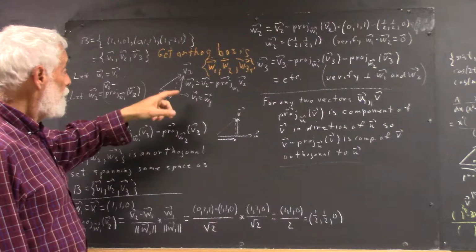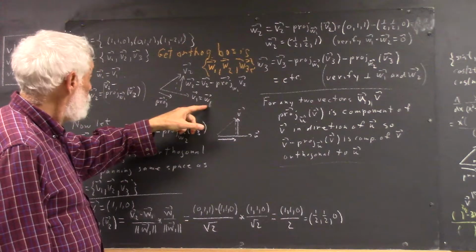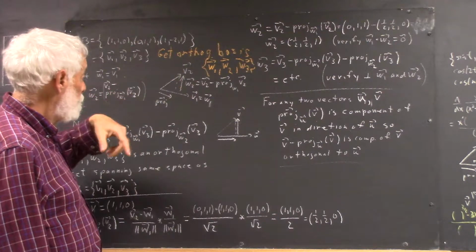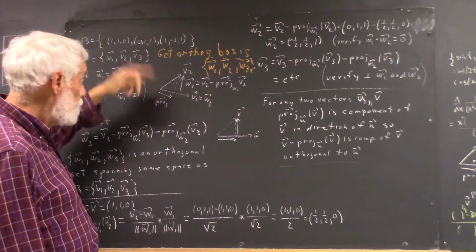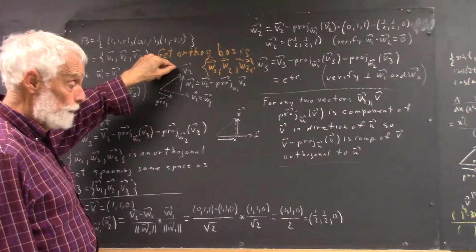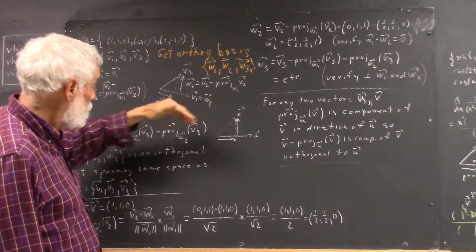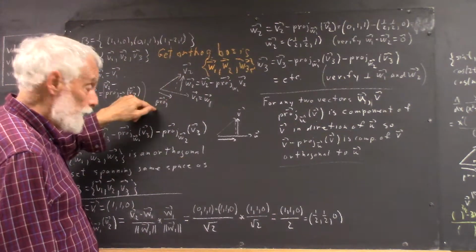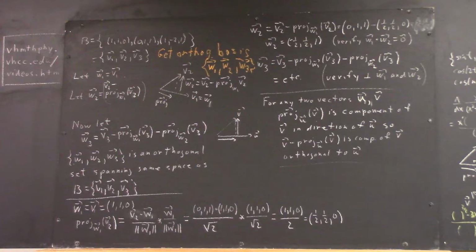So in order to get a vector perpendicular to W1 from our vector V2, we simply subtract the parallel component because the parallel component plus the perpendicular component add up to V2. So the perpendicular component is equal to V2 minus the component of V2 parallel to W1. Okay?